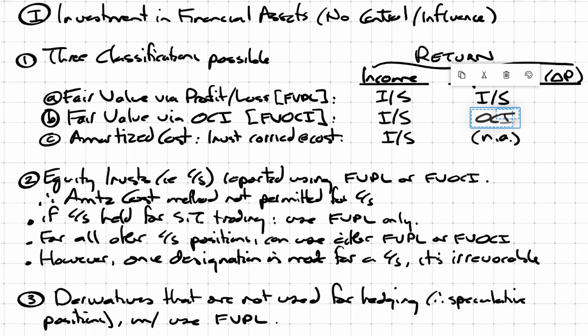So again, fair value OCI does affect equity, but we like to sort of bypass the earnings. The last classification is amortized cost, and in this case, the investment is carried at cost.